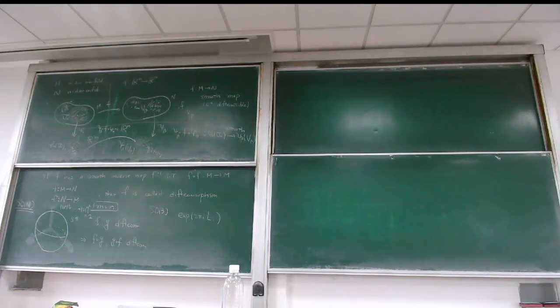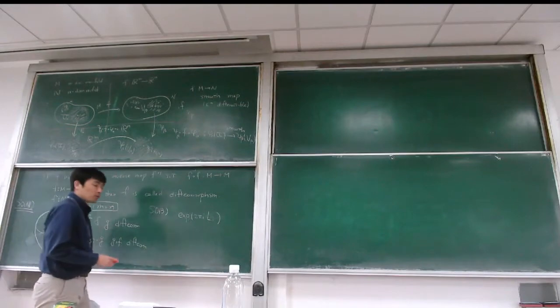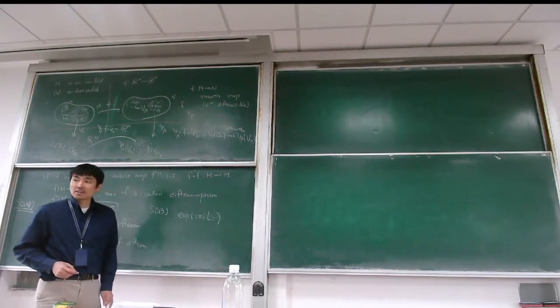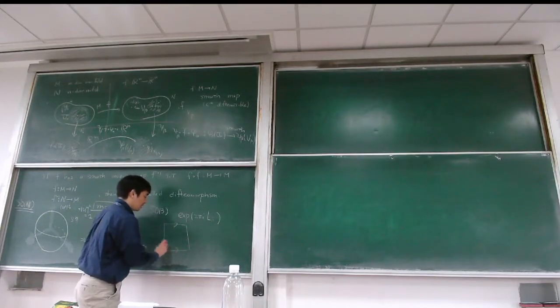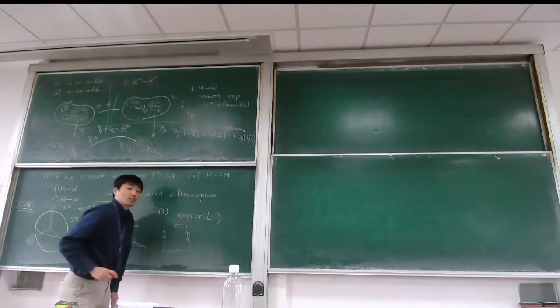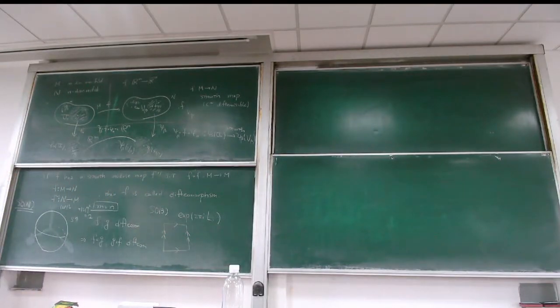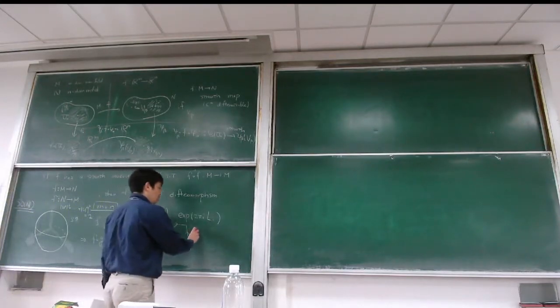So that's one example of diffeomorphism. Can you construct a diffeomorphism of the torus? Last time, I introduced the torus by identifying the edges. Usually the torus is called T2.